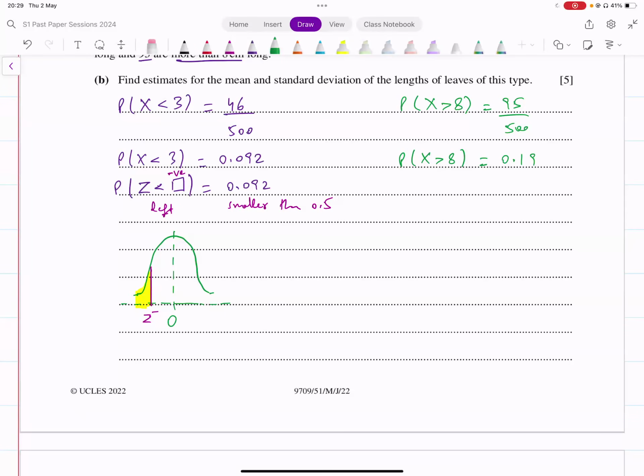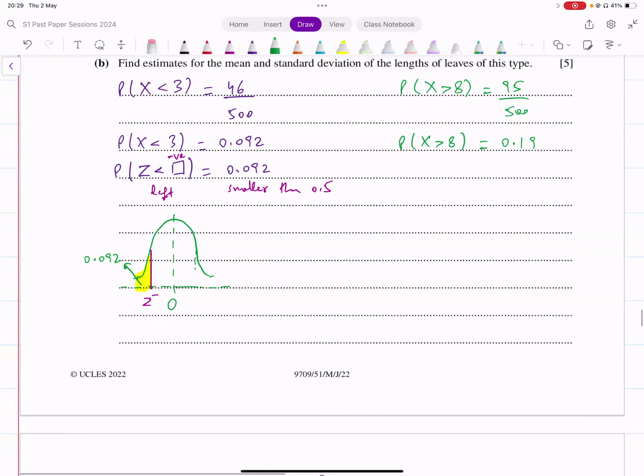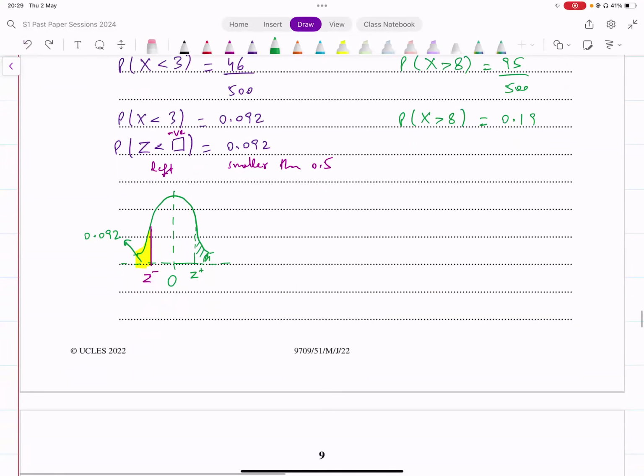And we're given that this area is 0.092. Now, this is not standard form then. How do you convert it to standard form? You can see this is the same thing as saying the area to the right of this positive z value is 0.092. And then what about the area to the left of this positive z value?